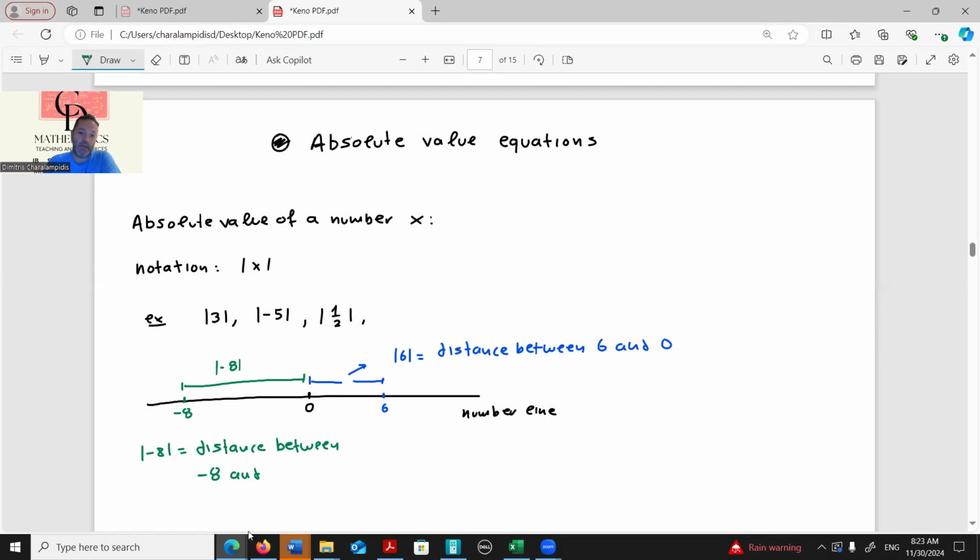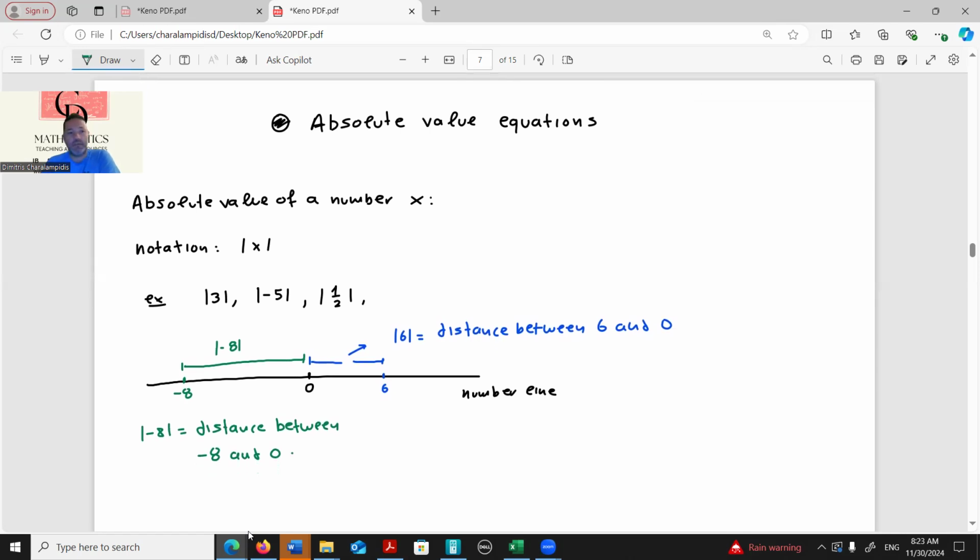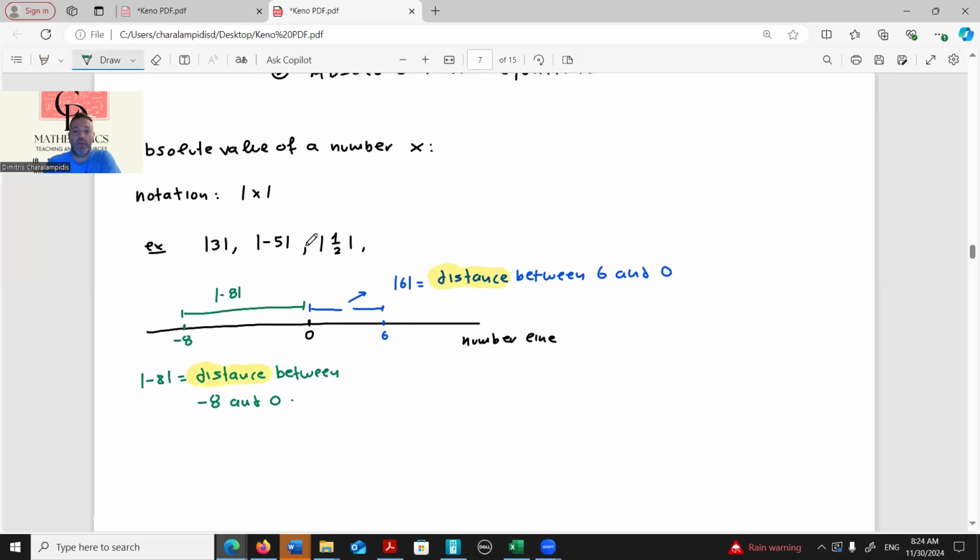-8 and 0. So if you noticed, I keep using a kind of keyword, the word distance. And that's because that's what an absolute value really is.